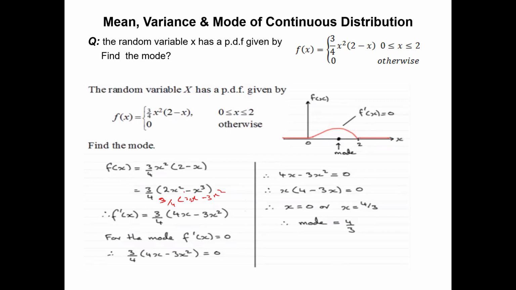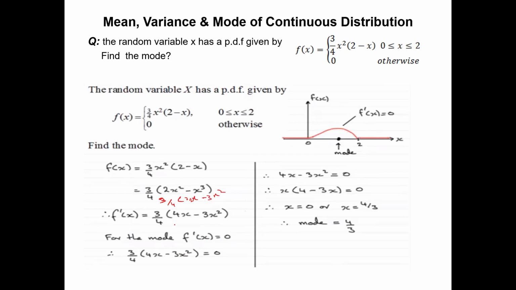The differentiation rule you people know. So this is minus 3x square. For the mode, f dash, the first derivative, will be equal to 0.